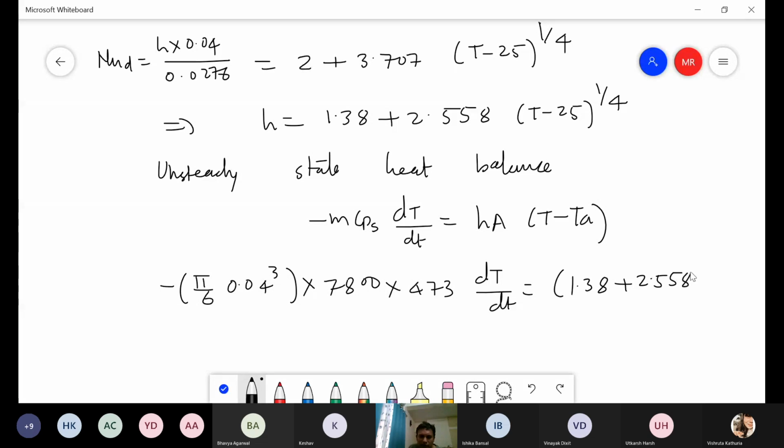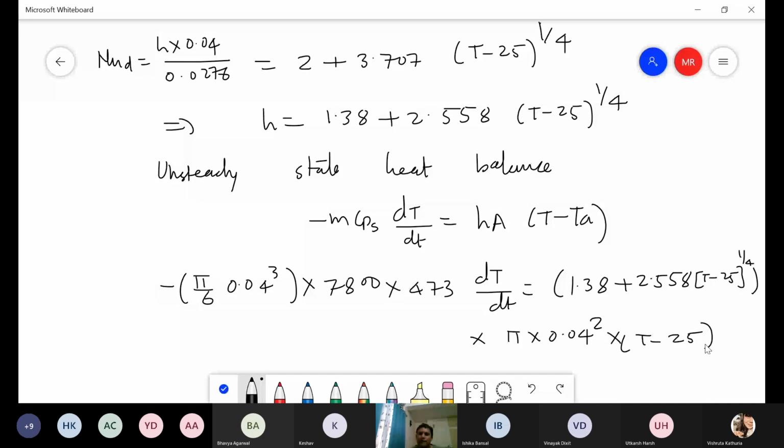This is h. Area in this case is going to be the area of the sphere. So area of the sphere again will be given as pi D square, so that becomes 0.04 square, into (T minus 25). Correct?